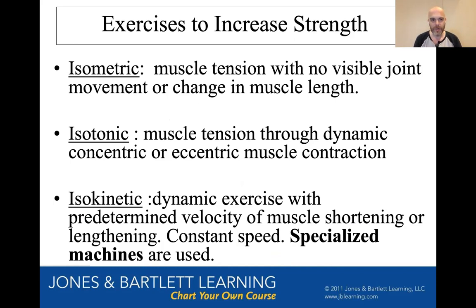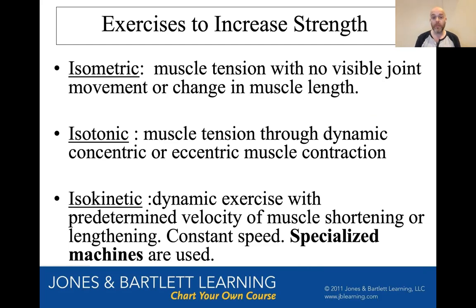We've got isometric, isotonic, and isokinetic. Okay, let's go through those just real quick. Isometric means you tighten up a muscle, but there's no change in the muscle length or the joint doesn't move.